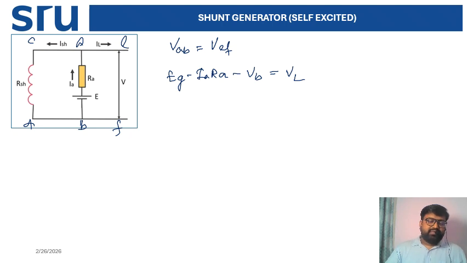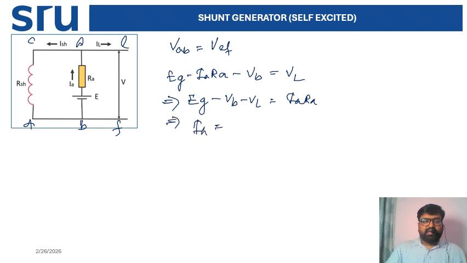If you want to calculate only IA, that is EG minus EB equal to IA into RA. Now you can easily calculate IA.